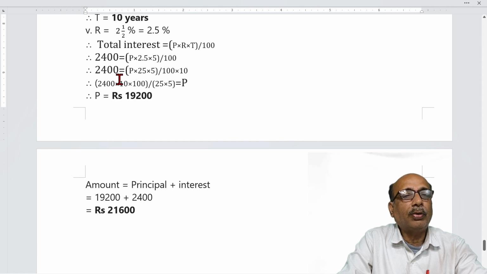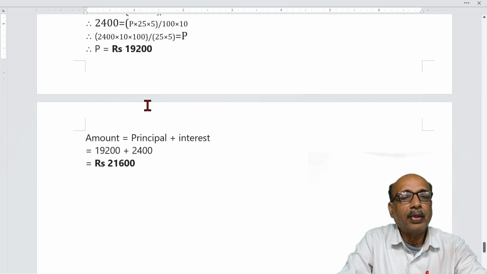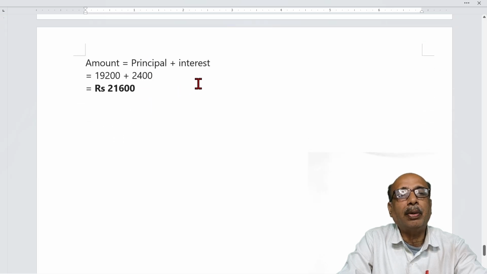So 2,400 equals P into 25 into 5, removing the decimal point, and in the denominator one more 10 is added, so upon 100 into 10. Simplify this. Therefore, P equals rupees 19,200. Amount equals principal plus interest equals 19,200 plus 2,400 equals rupees 21,600.